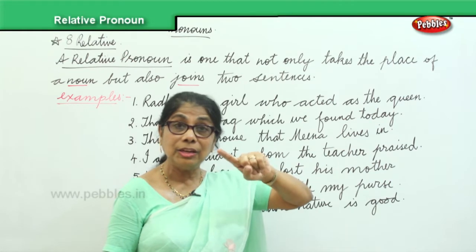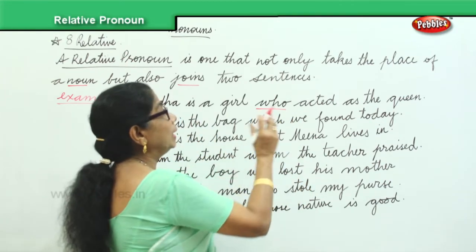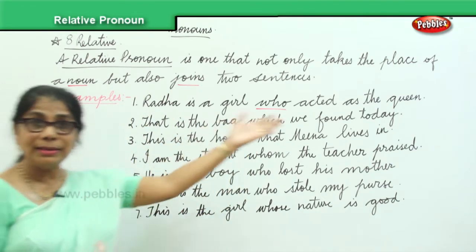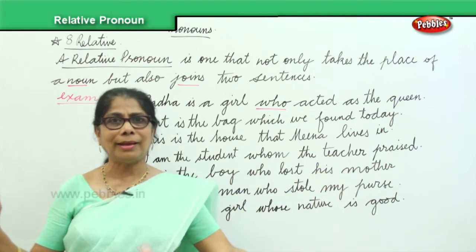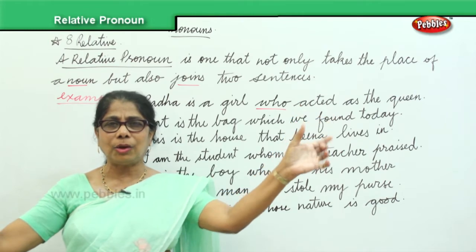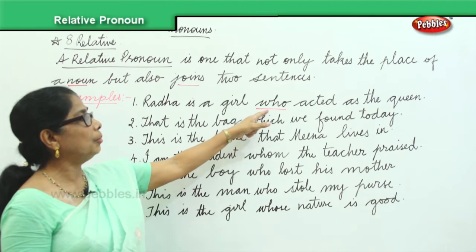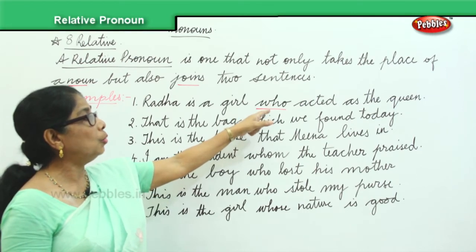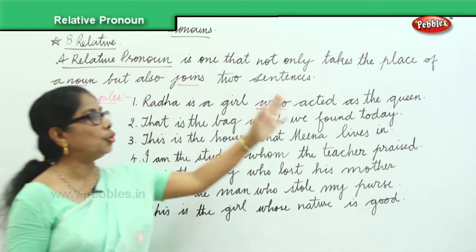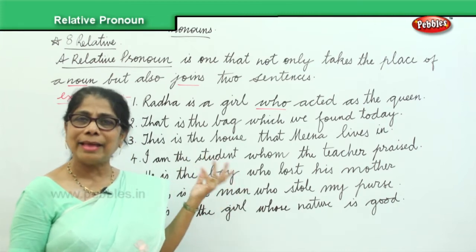Instead of Radha, we use the word who. So, who is the relative pronoun? Radha is a girl who acted like a queen. We make it into one sentence by putting the relative pronoun who, and that who takes the place of the noun Radha and also joins the two sentences.